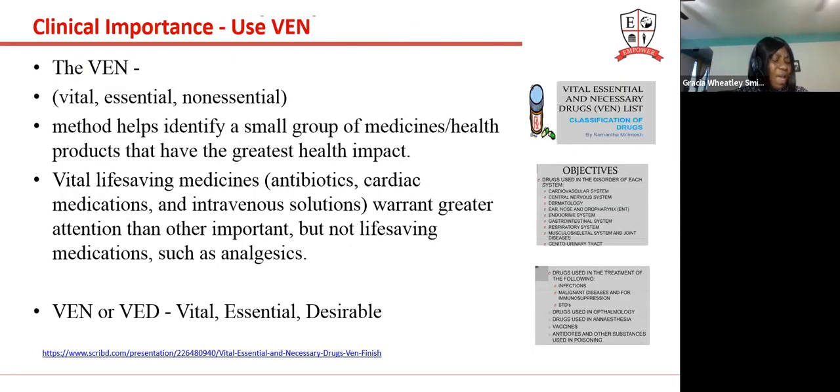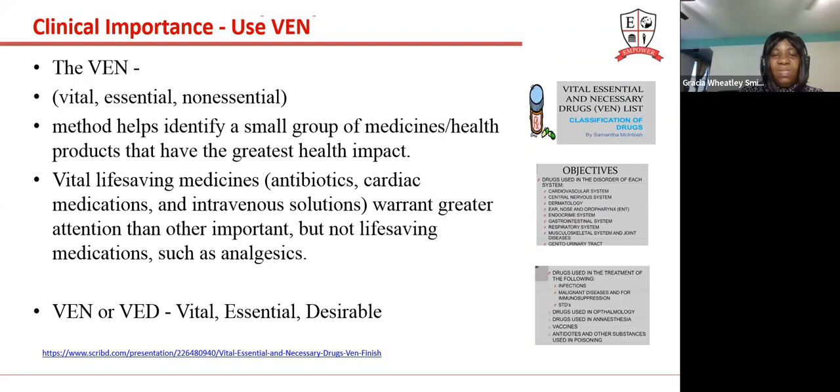We also need to look at the importance of the items in our pharmaceutical system. So we have the VEN, which is vital, essential, and non-essential items, and we use this to categorize the importance of the pharmaceuticals procured by our system.